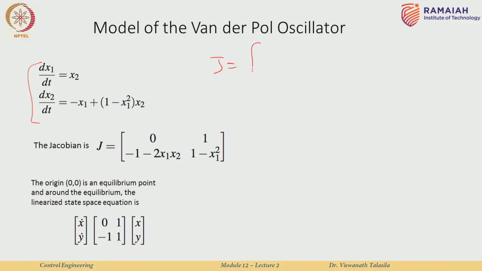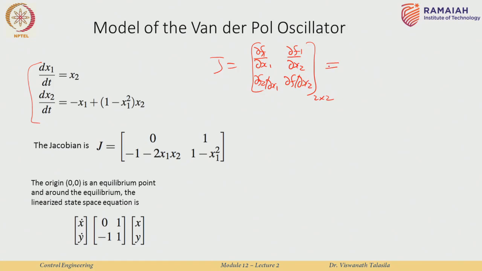Just to help you calculate this, it will be a 2 cross 2 Jacobian and you will essentially just compute the partial derivatives as follows. Right. For f1 we take the partial derivative with respect to x1 and x2, for f2 we take the partial derivatives with respect again to x1 and x2, and when you do that you are actually going to get this expression.